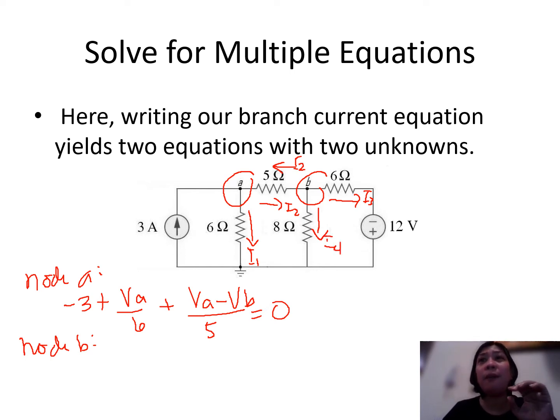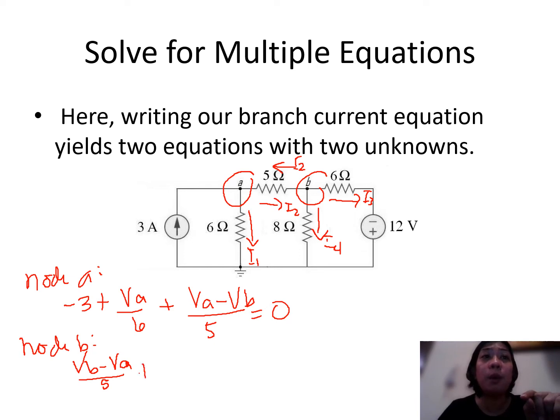So what do we have there? We have VB minus VA all over 5. A while ago, it was VA minus VB because it was with respect to node A. This time, it is VB minus VA because it is now with respect to point B.